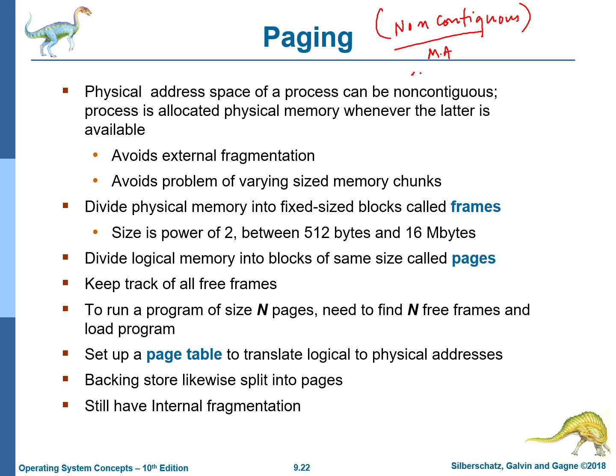So how does this work? Now we know that non-contiguous memory can store the memory of one process in different places. For example, this is a process.